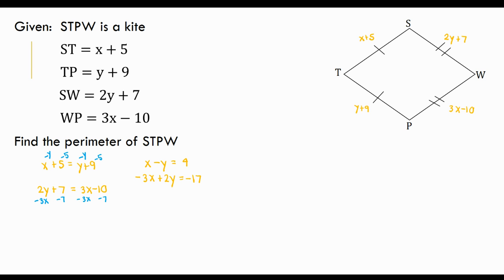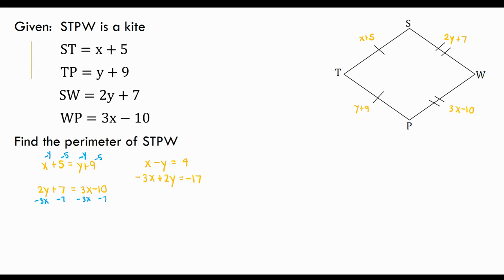I don't have enough information yet to quite eliminate anything, but in this problem, we have it pretty easy. Both the x and the negative 3x are already opposites. I can very easily turn a 1 into a positive 3. With the y's, I've got a negative 1y on the top and a 2y on the bottom. I can very easily turn negative 1 into negative 2.